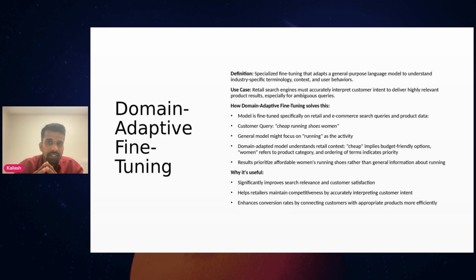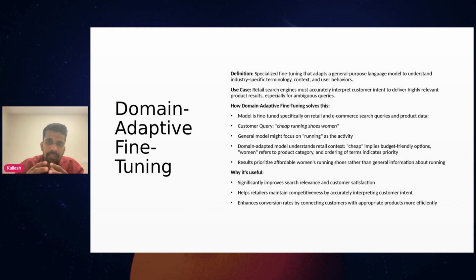to deliver highly relevant product results. So in the beginning, I provided the example of great value product, and the same one applies here. When the customer queries cheap running shoes woman, the general model might focus on running as an activity. The adapted model understands retail context: cheap implies budget friendly options, women refers to the product category, and the ordering of the terms indicates the priority.